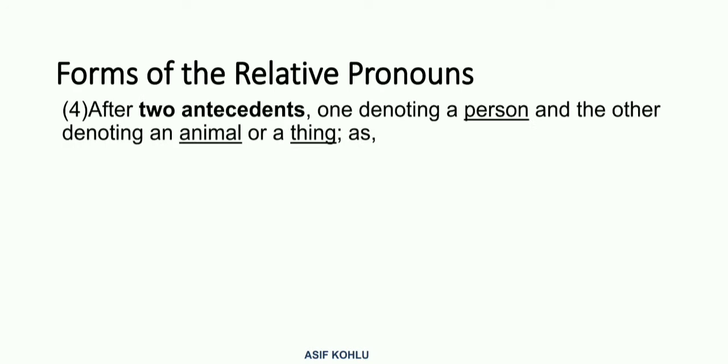The fourth usage: the relative pronoun that is used after two antecedents. When there come two antecedents, one denoting a person and the other denoting an animal or a thing. Let me clarify it. Two antecedents means two nouns.